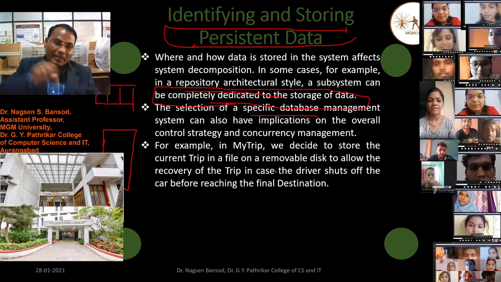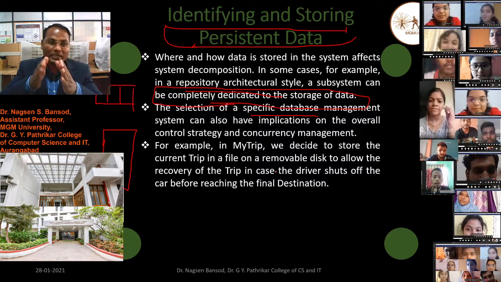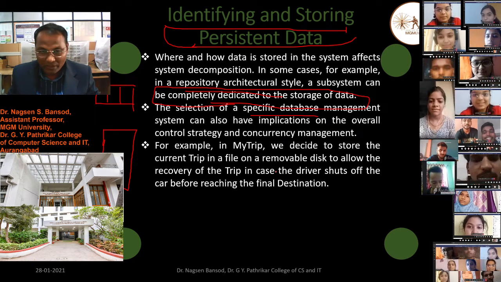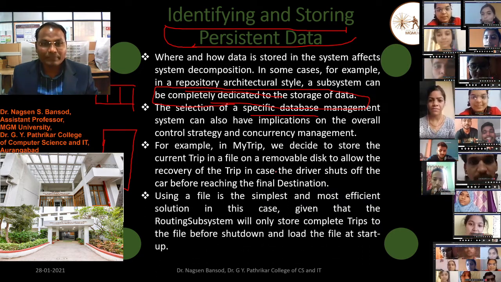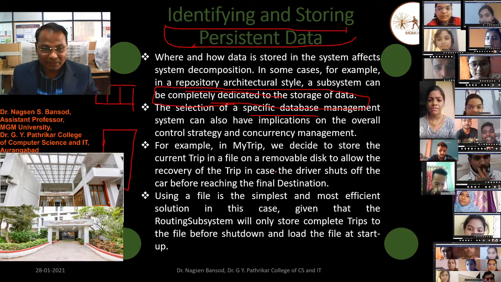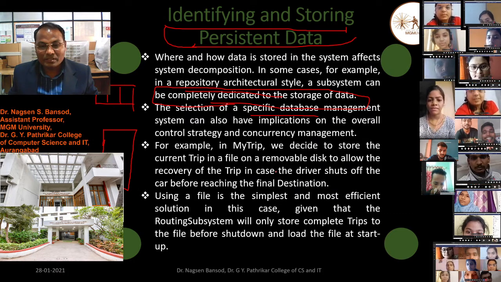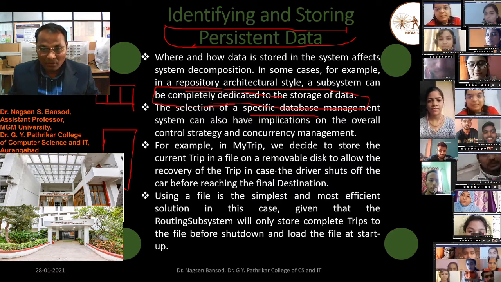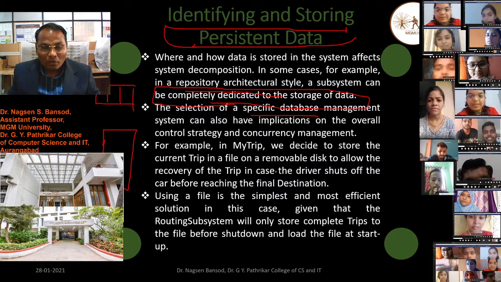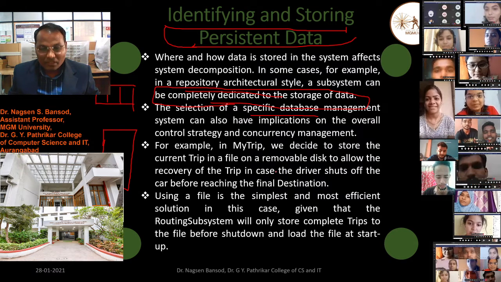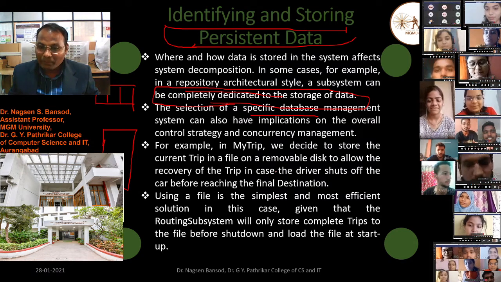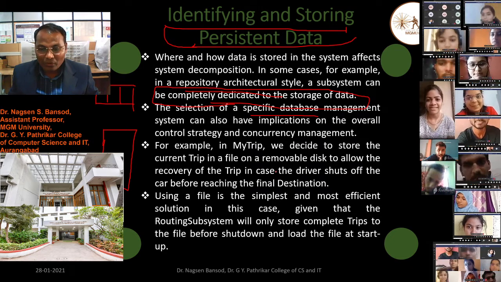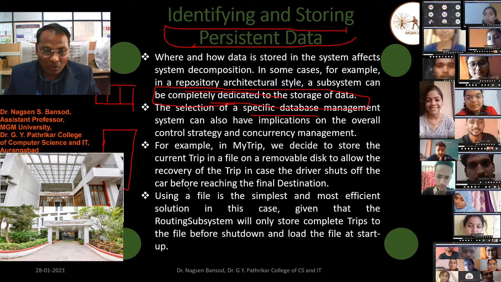From the database management system, we have stored data in the file, and that we have to find. This is persistent data identification, and using a file is the simplest and most efficient solution in this case, given that the routing subsystem will only store the complete trip to the file before shutdown and load the file at startup.